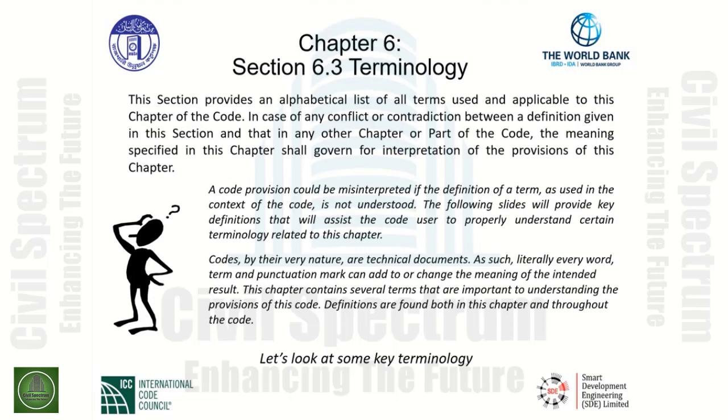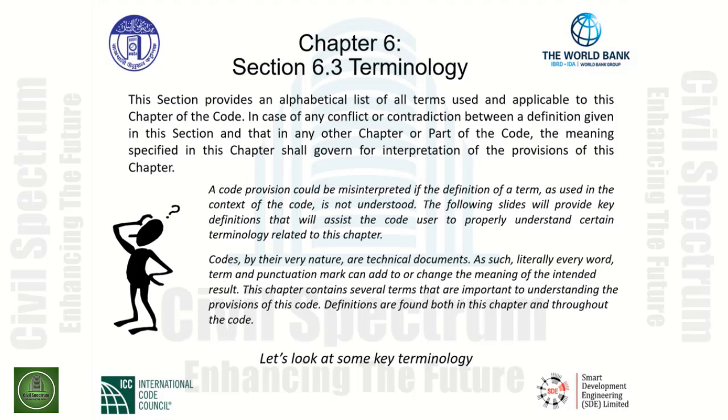Section 6.3 is titled Terminology. This section provides an alphabetical list of all terms used and applicable to this chapter of the code. In case of any conflict or contradiction between a definition given in this section and that in any other chapter or part of the code, the meaning specified in this chapter shall govern for interpretation of the provisions of this chapter.